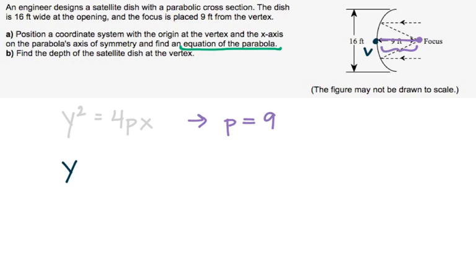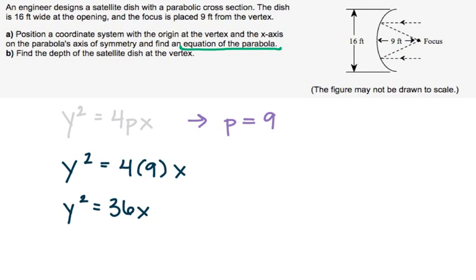So in this situation, our equation would be y squared equals 4 times 9 times x, or rather, y squared equals 36x. So again, just to reiterate, I set my coordinate axis so I could solve this problem with my vertex at the origin. And again, I knew that that focus was 9 units away, which allows my p-value to be 9.